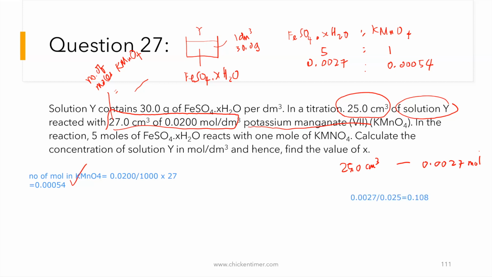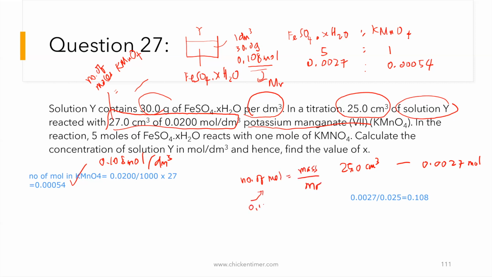So this is 0.108 mole per dm cube. In 1 dm cube, there's 30 grams, and you now know that there is 0.108 moles in the solution Y. So can I find the MR from this information? Number of moles is equal to mass over MR. So this is 0.108, mass is 30, and MR is 277.789.